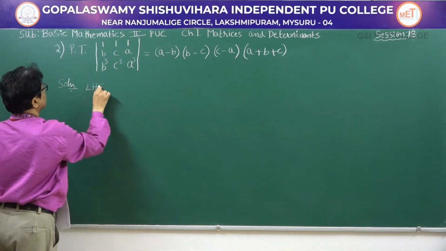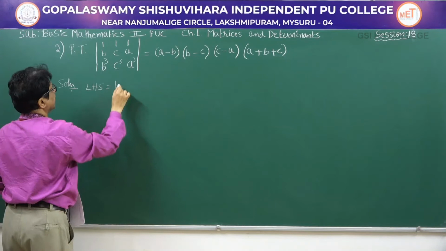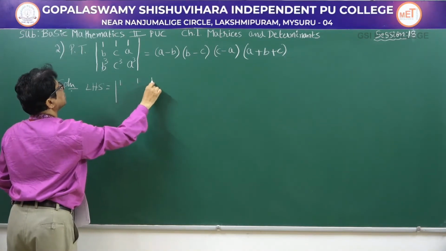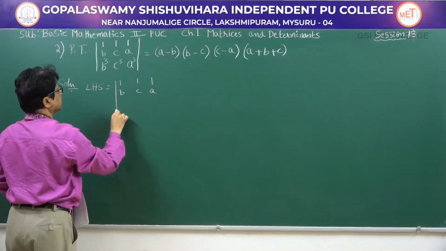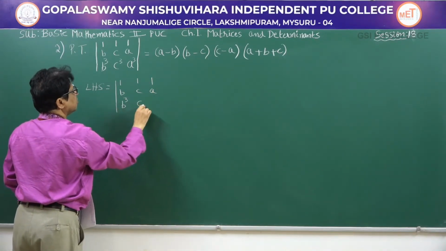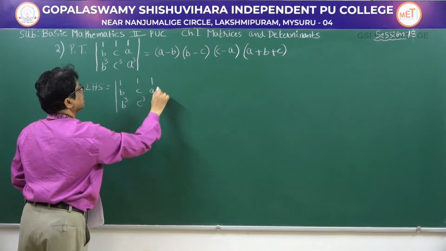So LHS is equal to determinant of 1, 1, 1, B, C, A, B cube, C cube, A cube.